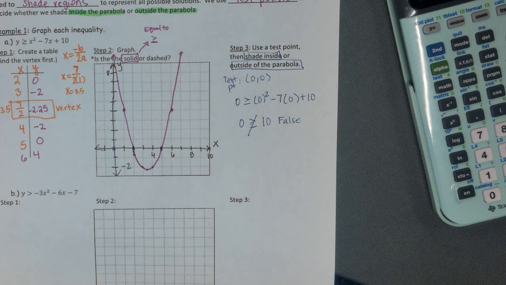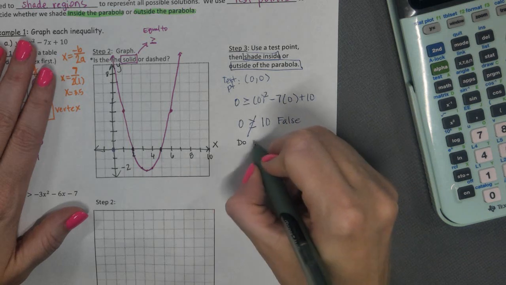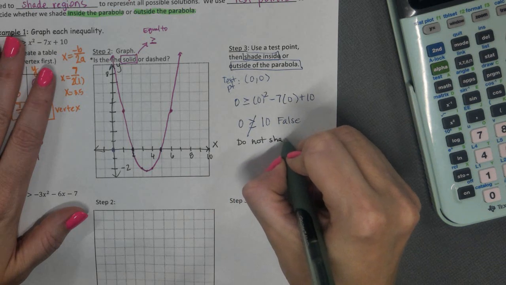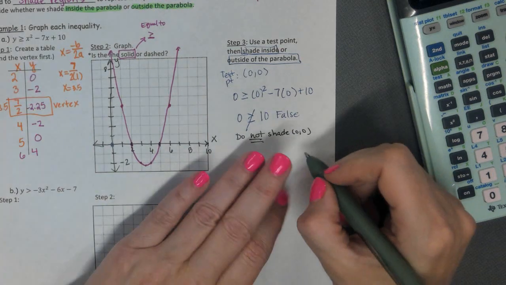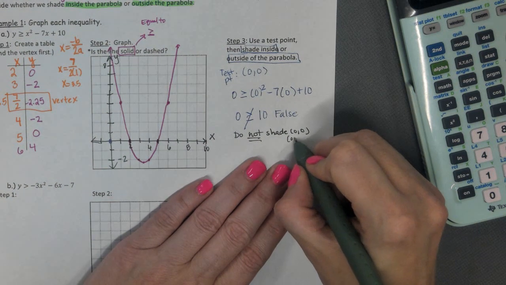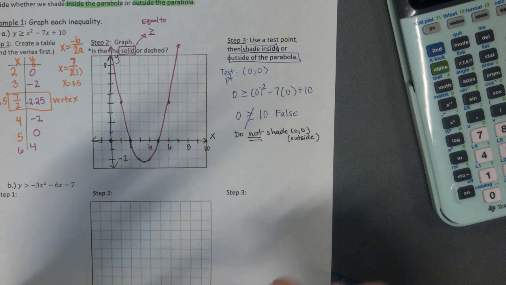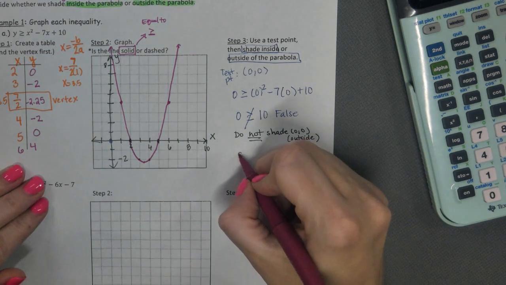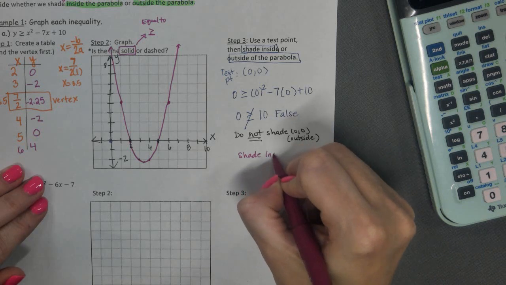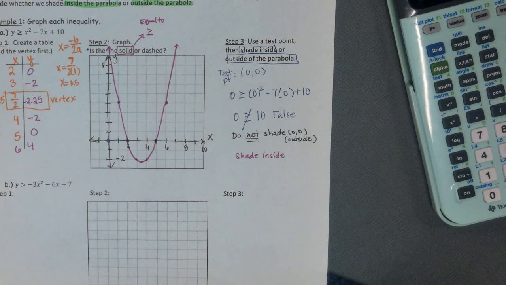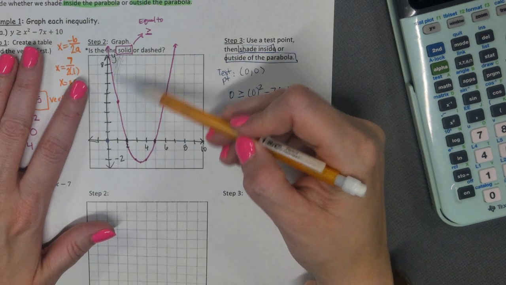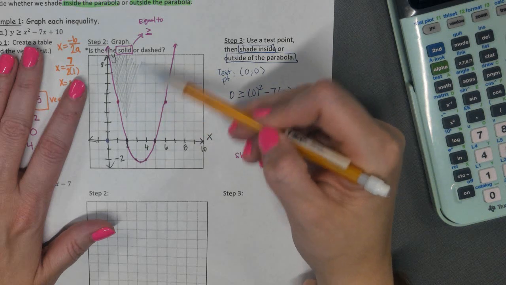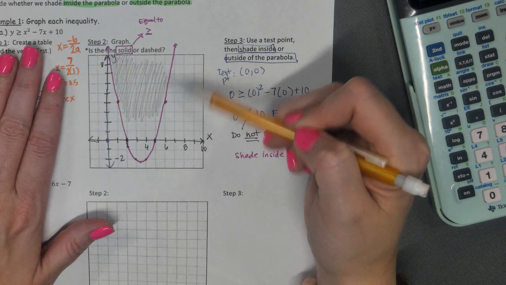Okay, so remember, this means you do not shade 0, 0. Okay, so do not shade 0, 0, which is where? Outside. So that means I'm going to shade where? Yes. Shade inside the parabola. Okay, and that's why you want to span the whole graph, because if not, you would be missing all of these points.